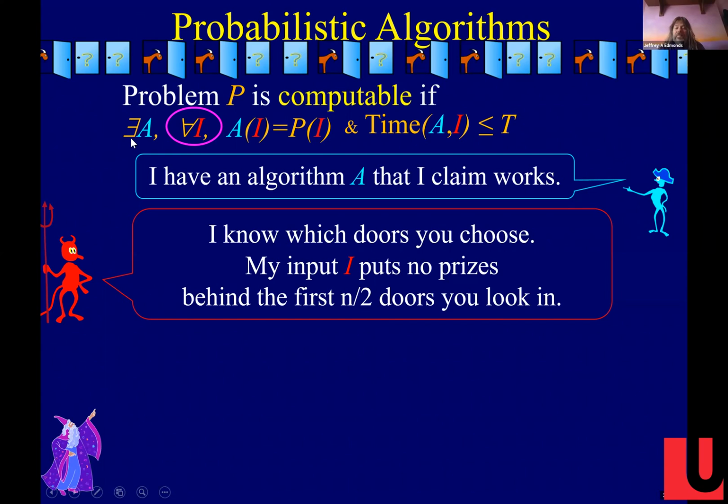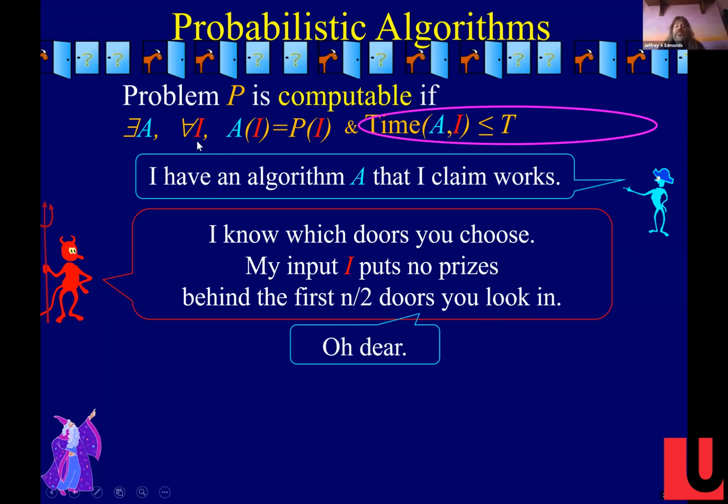It's really an evil adversary. He knows which doors you're going to look at first, and he puts goats behind them all. So that means the running time is half the doors. That doesn't seem fair.